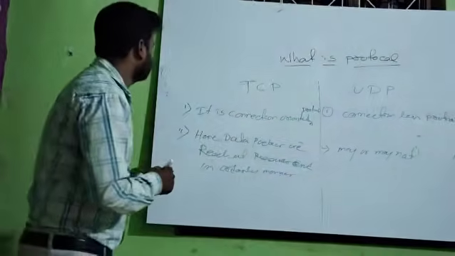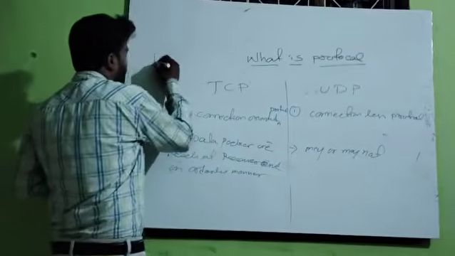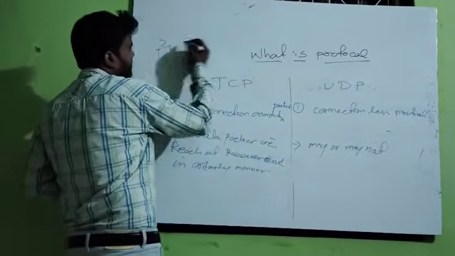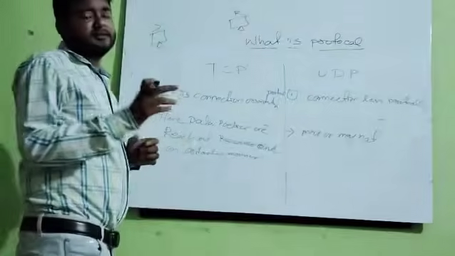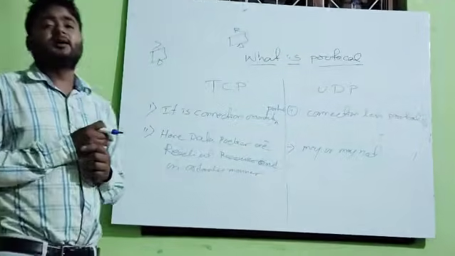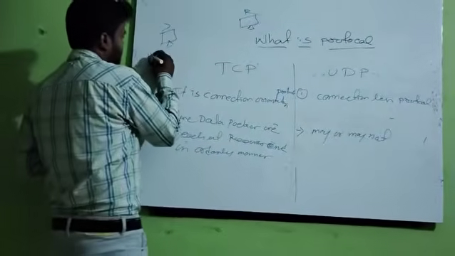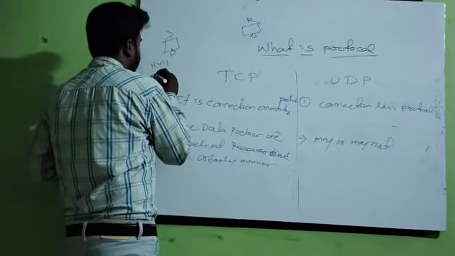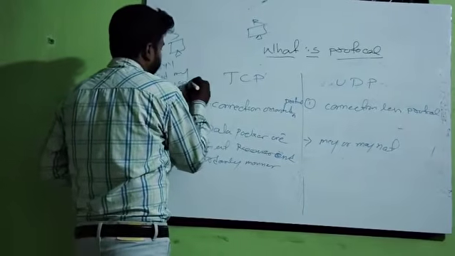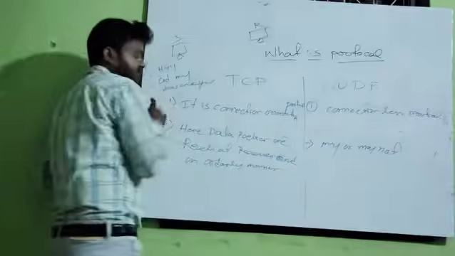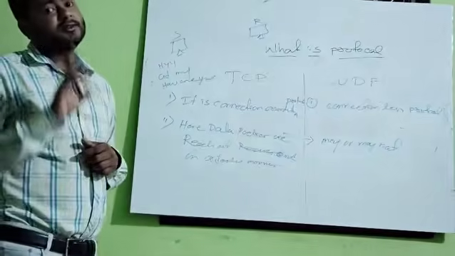Orderly manner means what? Suppose a sender is there and a receiver is there. The sender sends three messages to the receiver. The first message is hi, second is good morning, third is how are you.